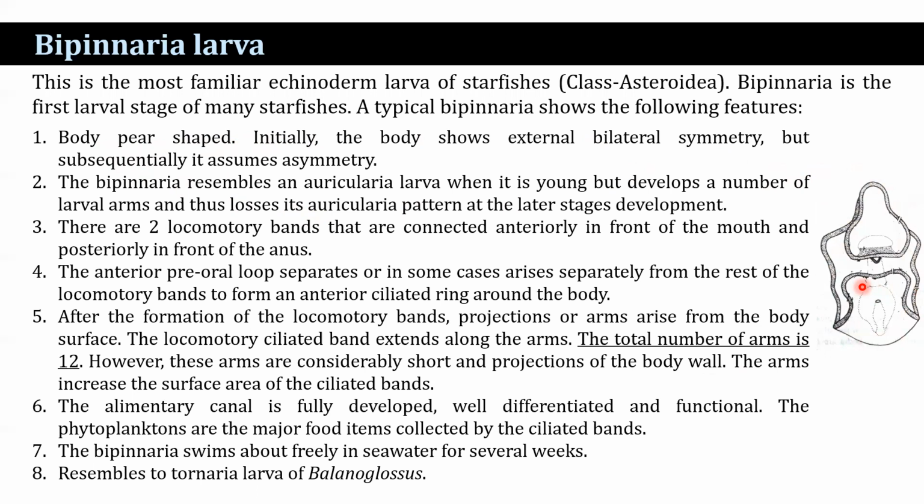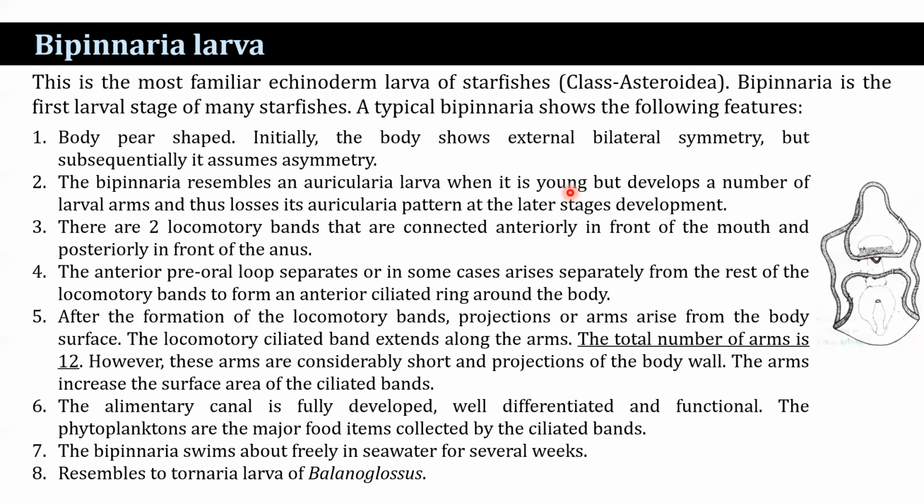The bipinnaria resembles an auricularia larva when young, but develops a number of larval arms and thus loses its auricularia pattern. In the first stage, they resemble auricularia when they have just developed. Then the larval arms are modified and ultimately it loses its auricularia pattern, and later stages of development occur.